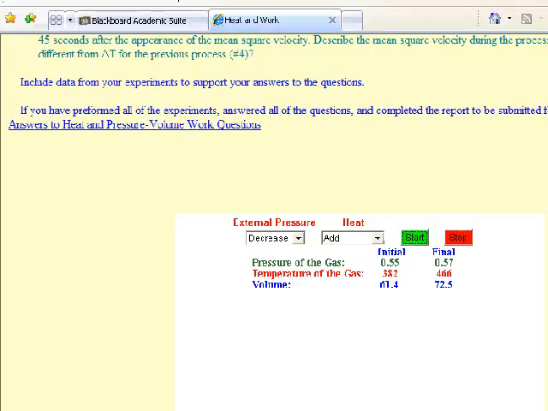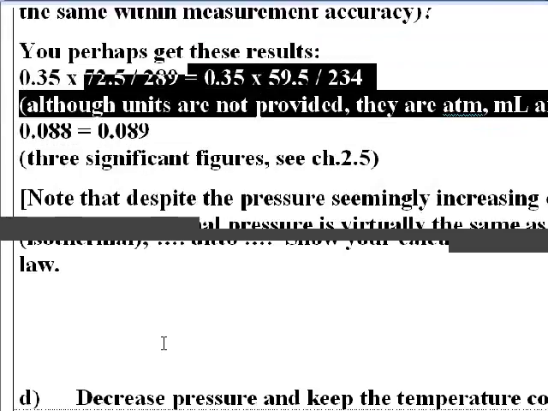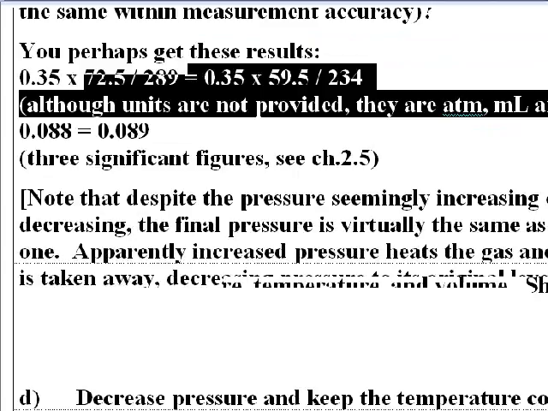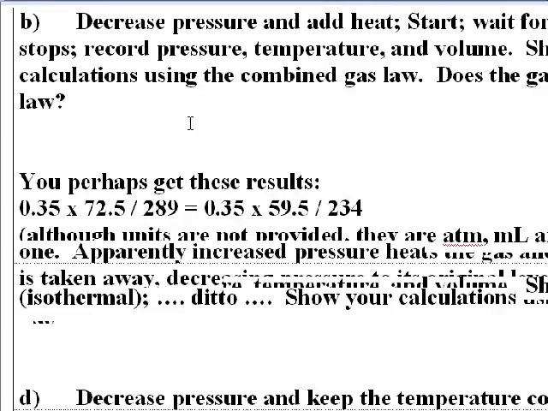So we're decreasing the pressure, we're adding heat. That means the volume had to increase, and that's what we saw. Now I'm going to go back to Word and write down those numbers. From the previous example, I'm just going to copy this one here and insert the new numbers that we just got.